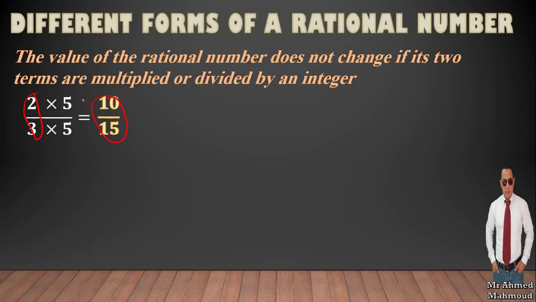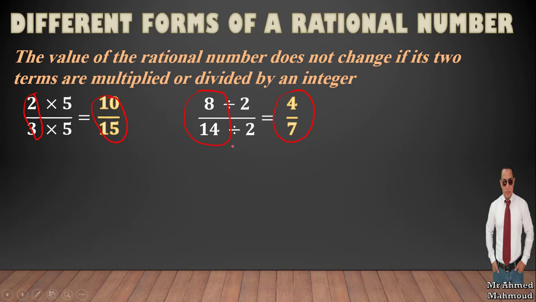If we multiply the numerator and the denominator by the same number, the value of the fraction doesn't change. Another example, 8 over 14. If we divide 8 and 14 by 2, it gives 4 over 7. So 8 over 14 equals 4 over 7. The value of the fraction doesn't change when we divide up and down by the same number.